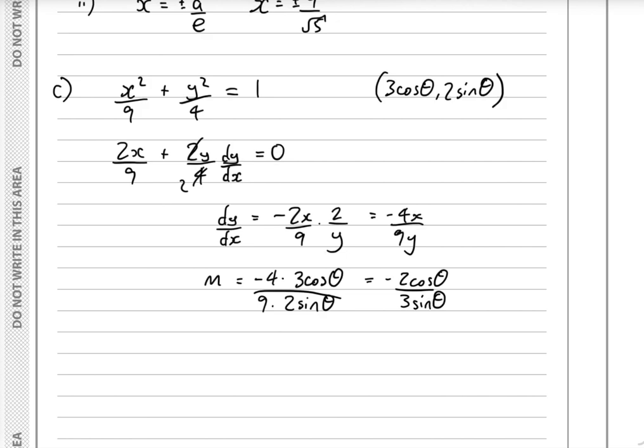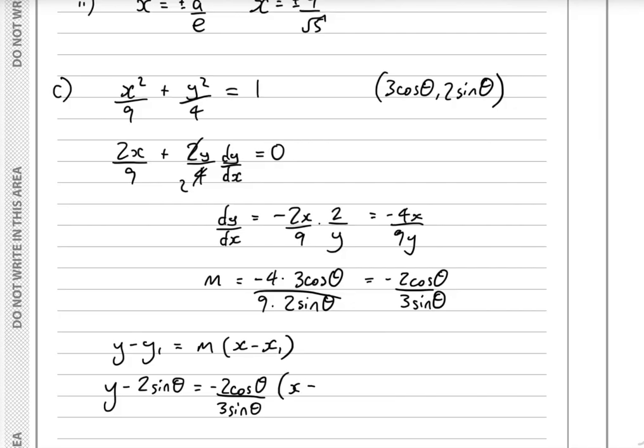Now if we put that into our usual line equation, y minus y1 equals m(x minus x1): y minus 2 sine theta is equal to minus 2 cos theta over 3 sine theta, times x minus 3 cos theta.